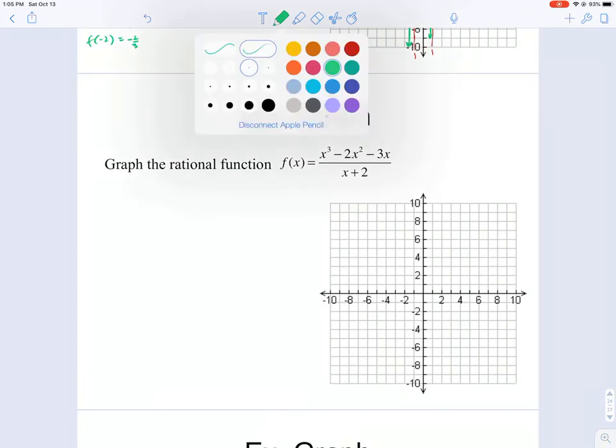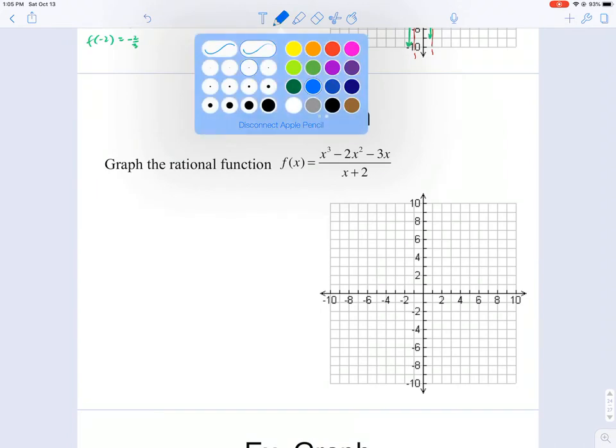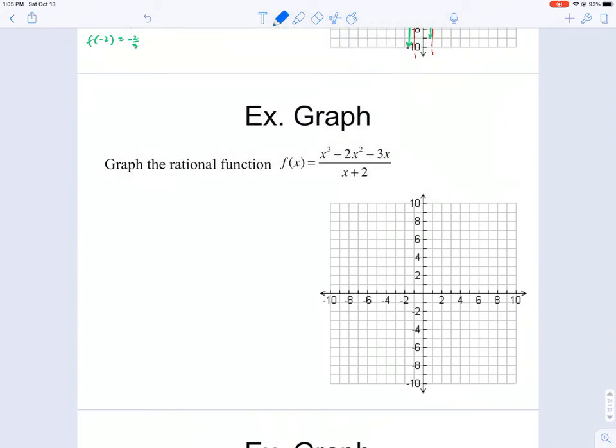Choose some better colors. Yeah, we'll go bright blue. All right, so first let's factor the numerator. So x squared minus 2x minus 3 over x plus 2, and then we can factor the numerator further, to x minus 3 times x plus 1.